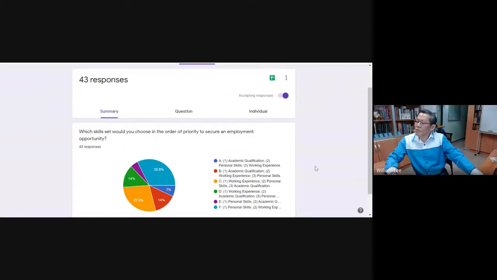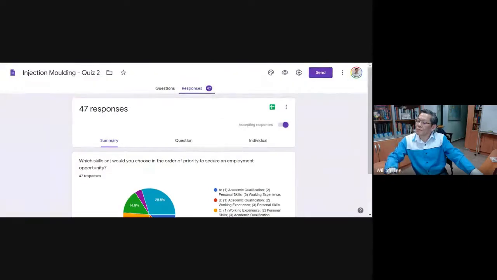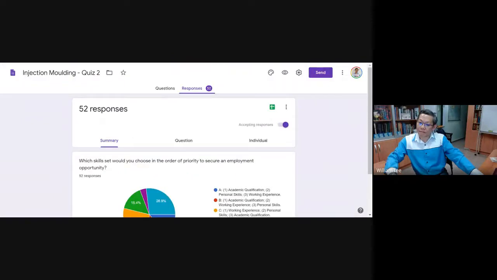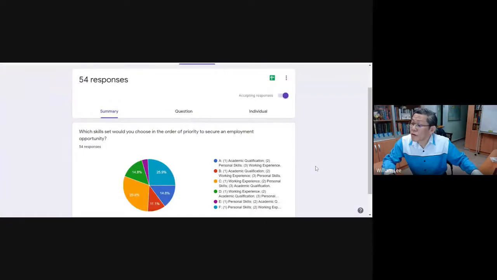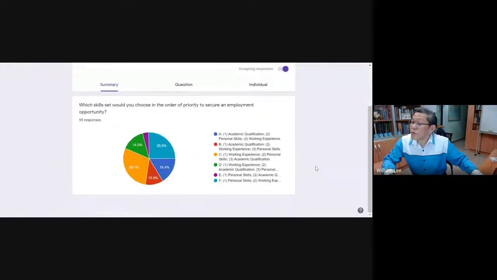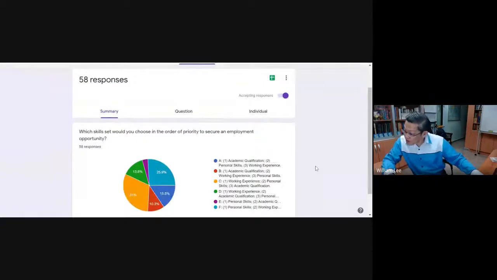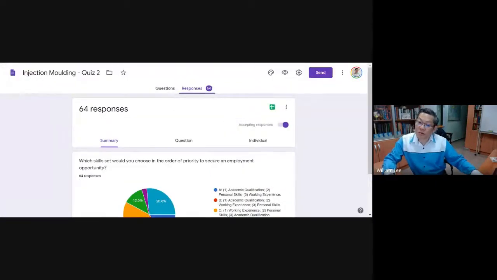Yep, you can see the result. 40%, 25, the majority are selecting C. Work experience is ranked number 1, personal skill number 2. Yeah, it looks like work experience.